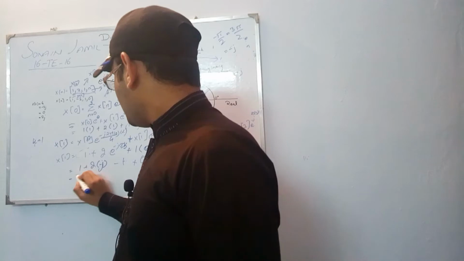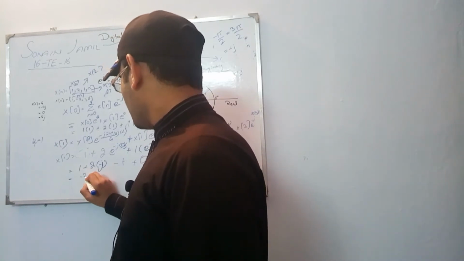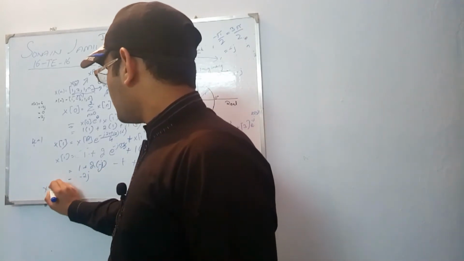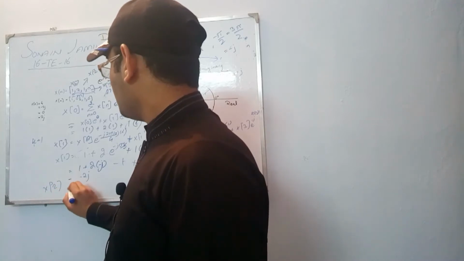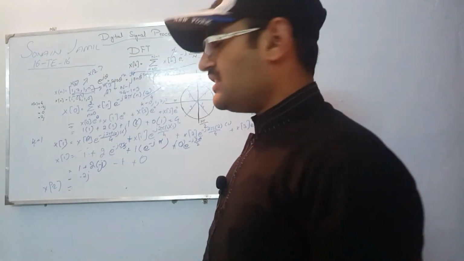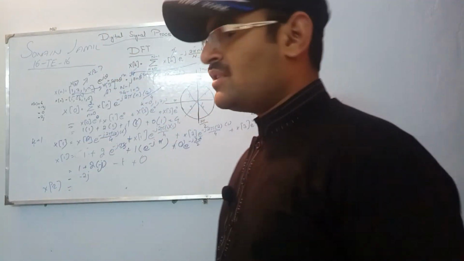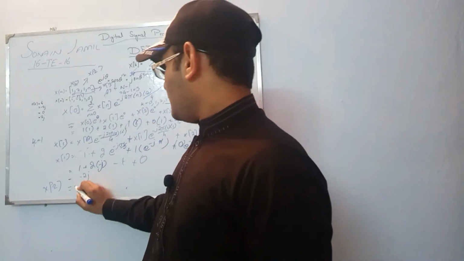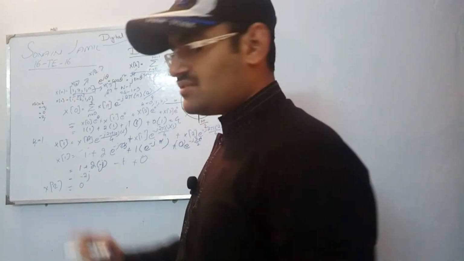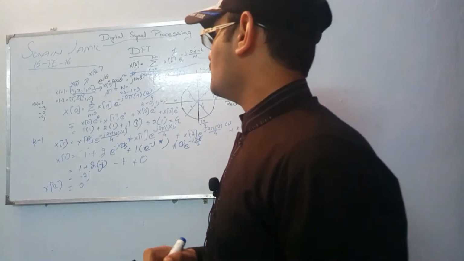So X of 1 turns out to be minus 2j. Similarly, you can calculate X of 2 by substituting the value of k is equal to 2, and in the end you will get the answer equal to 0.